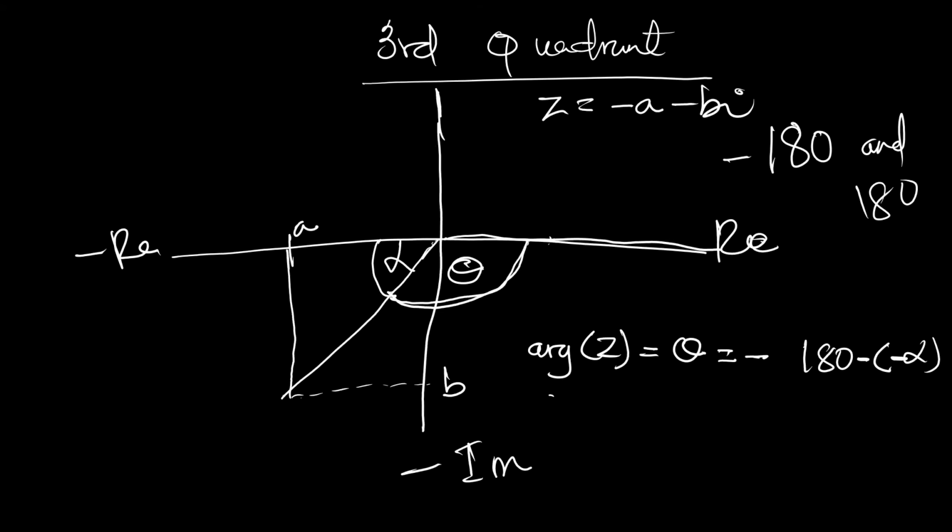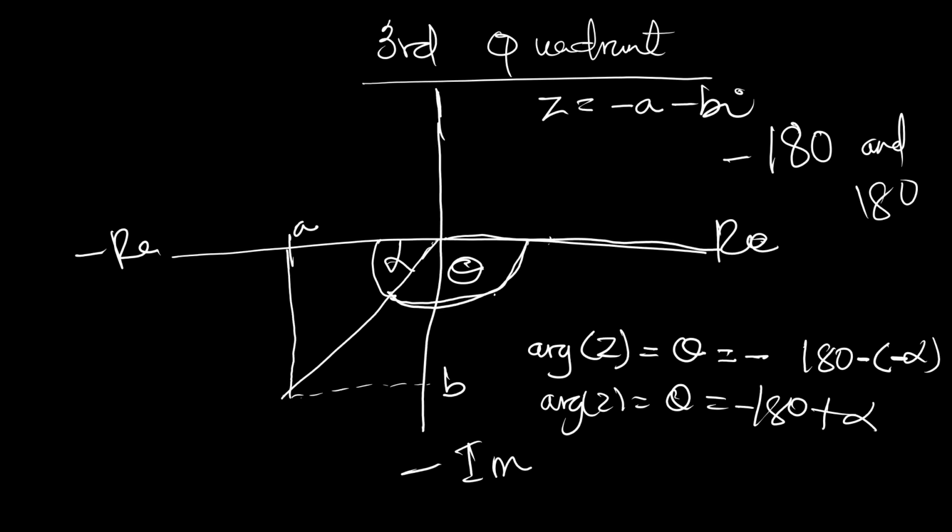So the arg z, which equals theta, is going to be negative 180 plus alpha. Because here the whole of the angle is 180, and if we want this theta, we have to subtract the alpha from the 180, right? And here the 180 is measured negative because we are going in the clockwise direction. So is the alpha.